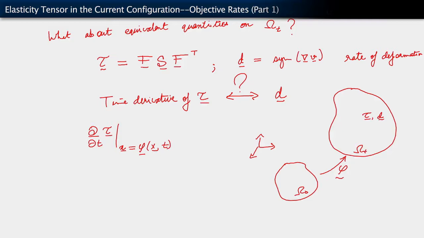What happens if you impose rigid body motions? If you have a phi plus, which is c plus qx, what happens now to these objects? I'm going to draw this, and because I want to draw a rigid motion, let me just draw this, and let's suppose it's sort of passed out of the board in the process of this rigid motion.